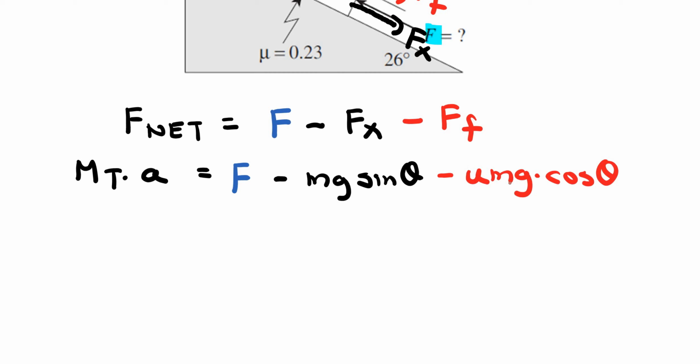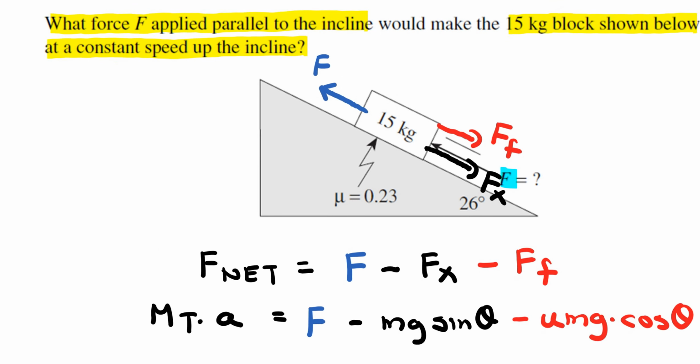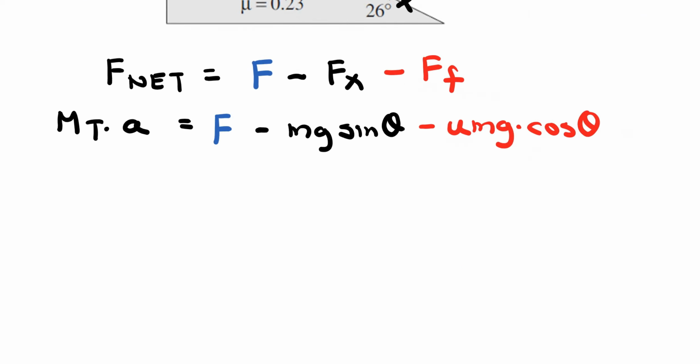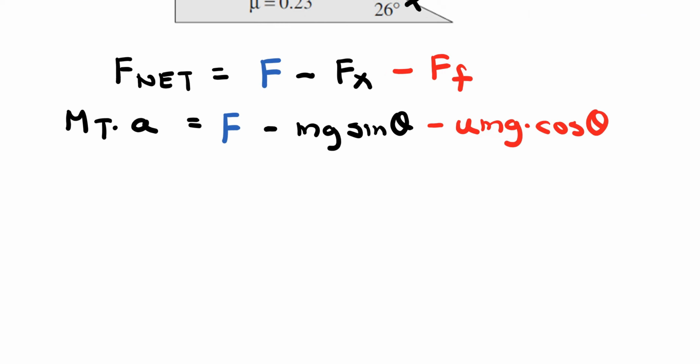Now, one more thing that we have to consider here is we're trying to go up the incline at constant speed. Constant speed means you're not accelerating. That means you're not going up faster and faster up the incline. You're moving at a constant speed, so your acceleration there is just going to be 0.